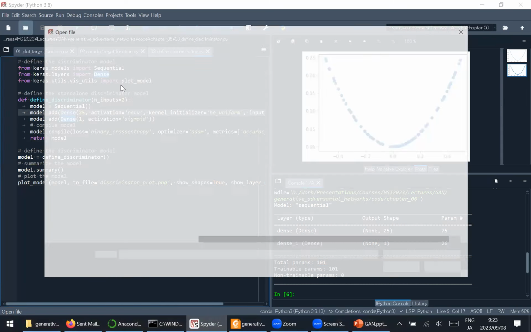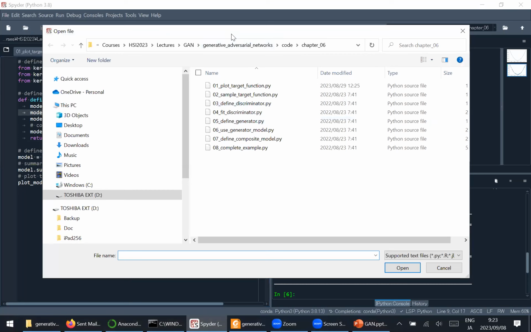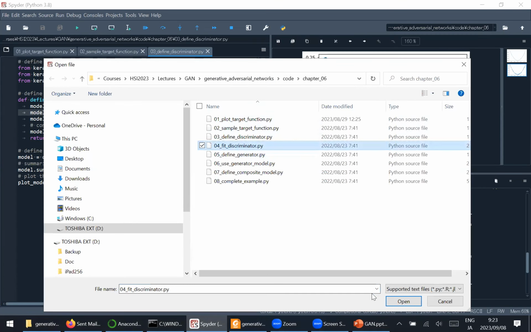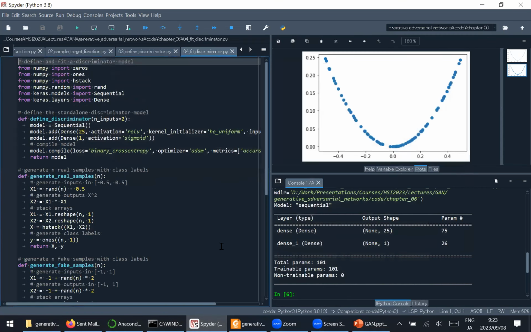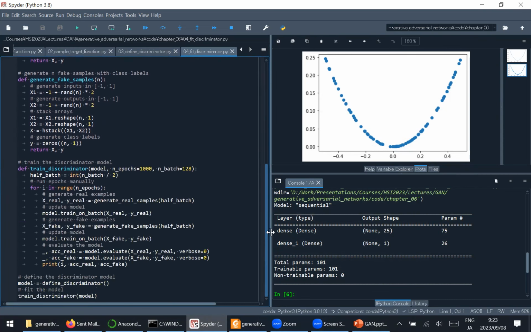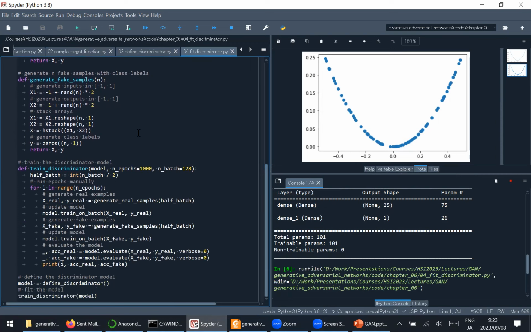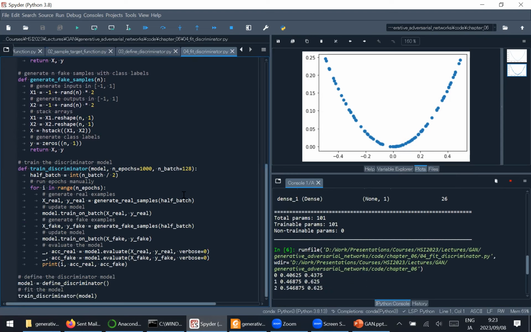So the next step is number 4, fit the discriminator. So we come down and we're going to train the discriminator with random data.